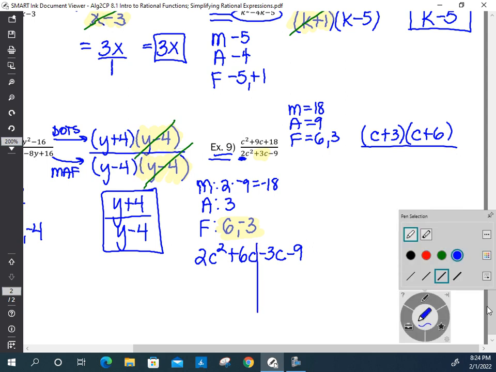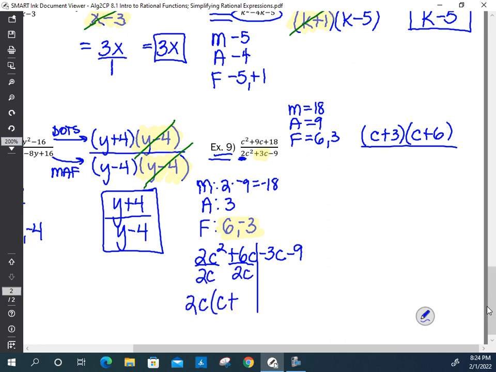Now with grouping, in the first group you can take out 2c, which gives you c plus 3. The second group you can take out negative 3, and that's c plus 3.